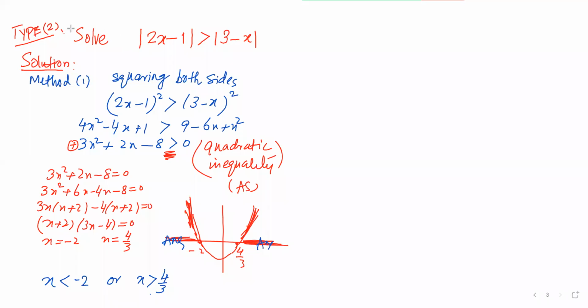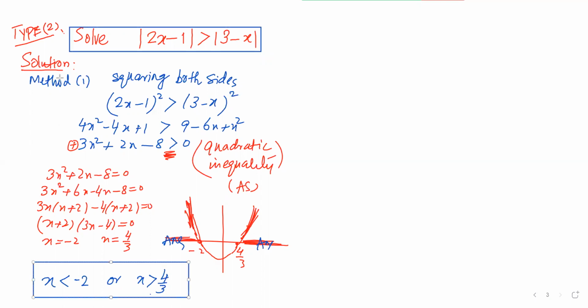So for this inequality, with modulus function on both sides, this is the answer, and the method is squaring both the sides. This is your method 1 for this type.